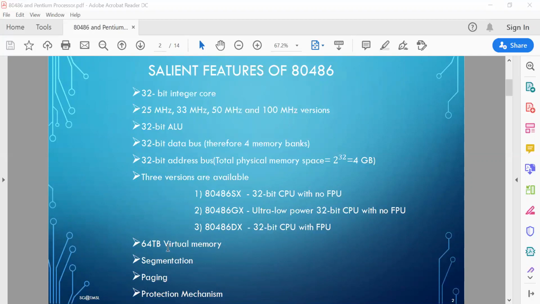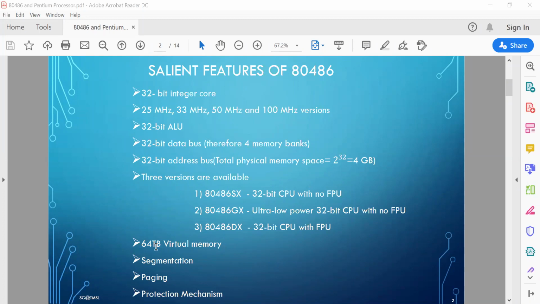And the next point is it has 64 terabyte virtual memory. Now, all of you are familiar with the virtual memory concept, cache memory, virtual memory, which I have discussed earlier.